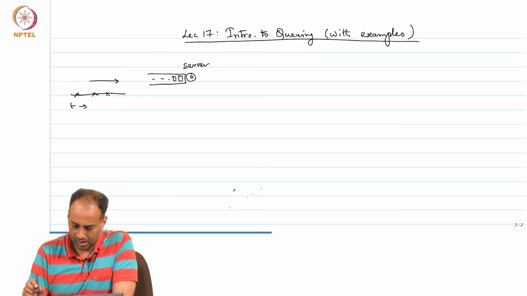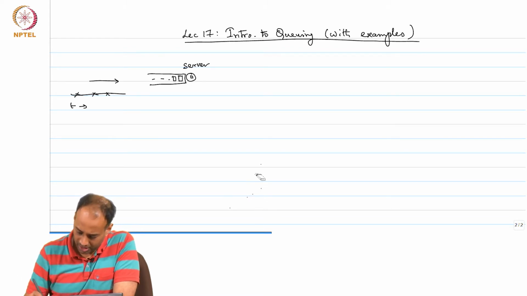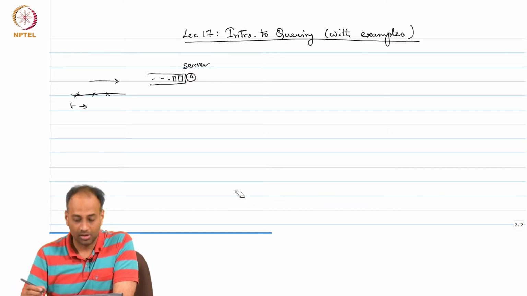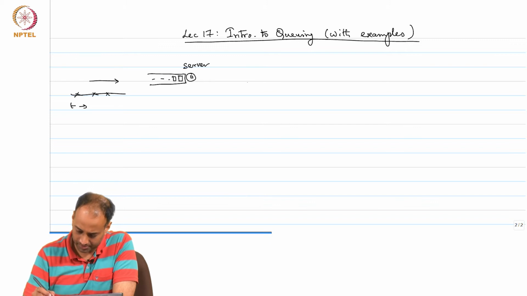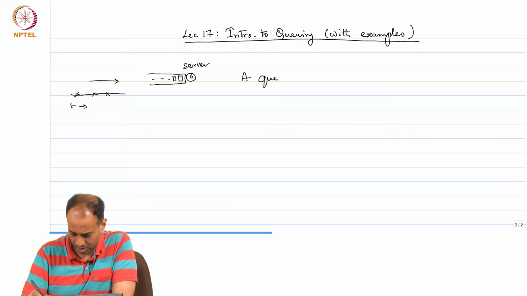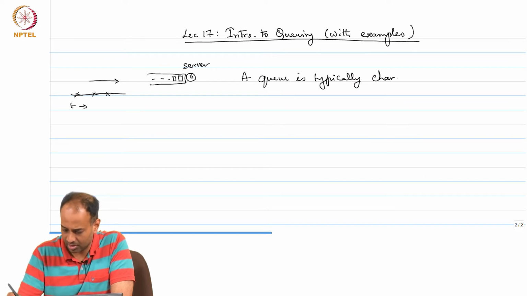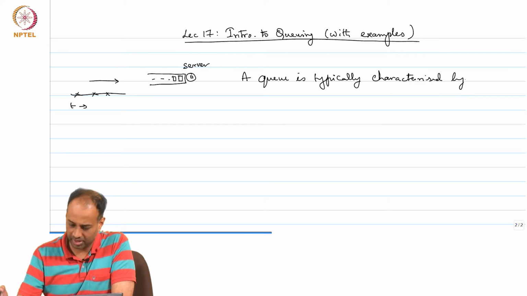Now, we have to think about what characterizes a queue like this. Okay. So, a queue is typically characterized by the following.